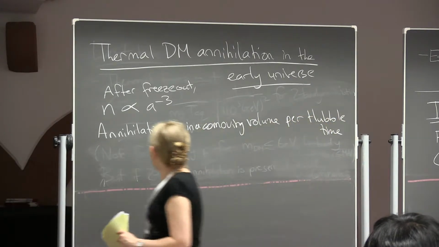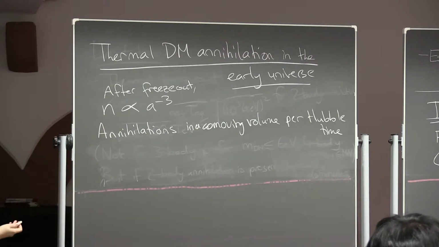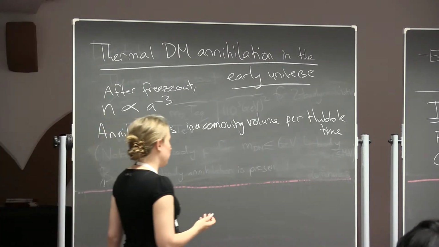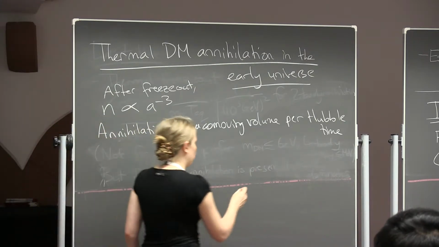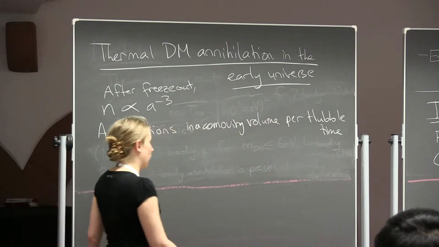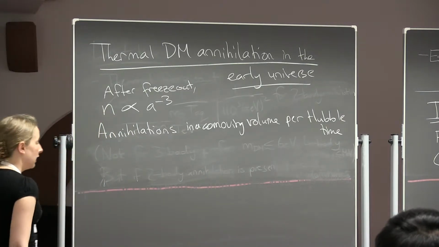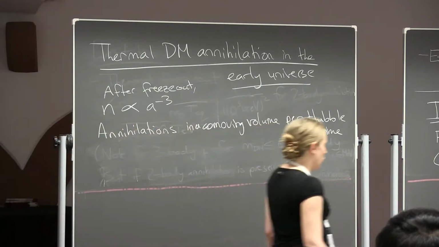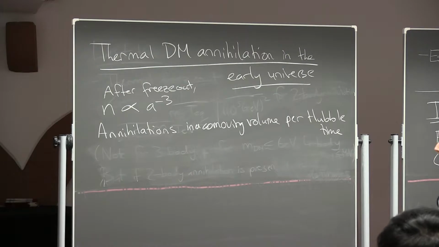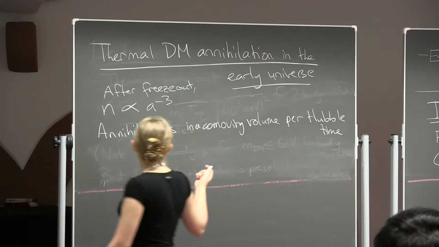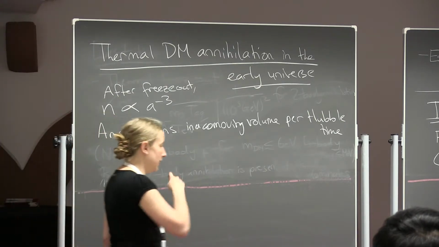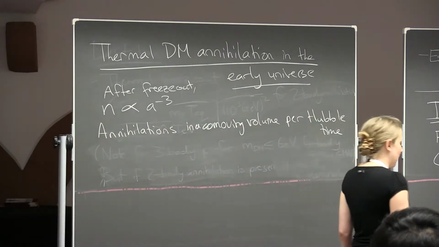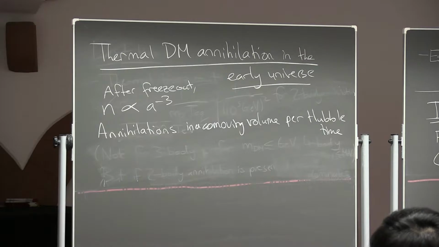So here I'm going to take the annihilation rate, multiply by the physical volume corresponding to a given co-moving volume, and multiply by the Hubble time. This will give me some sense of how the rate of annihilations and the power injected by these annihilations corresponds to the number of baryons, the number of hydrogen atoms.